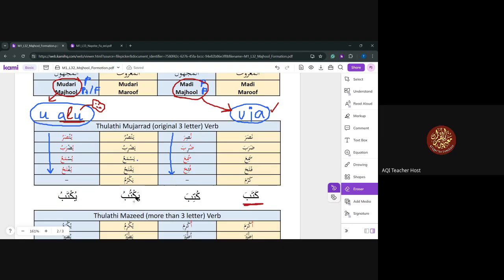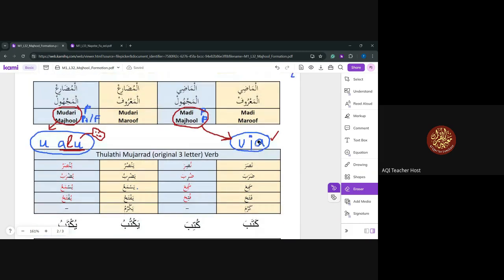Another thing that you need to remember from here, since we have the pattern u'i'a for Madi Majhul and u'alu for the Mudari Majhul: if you open any ayah from the Quran, there are some signs by sight that you can identify the Majhul verbs. The first sign is any verb that starts with a Dhamma.